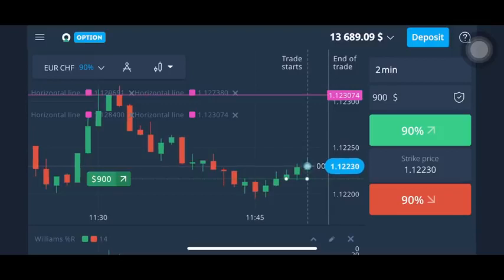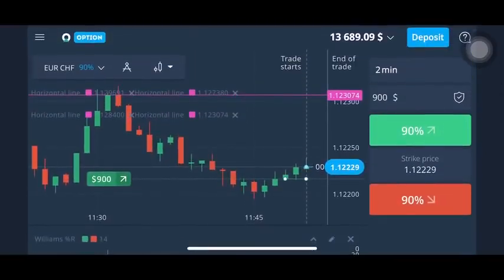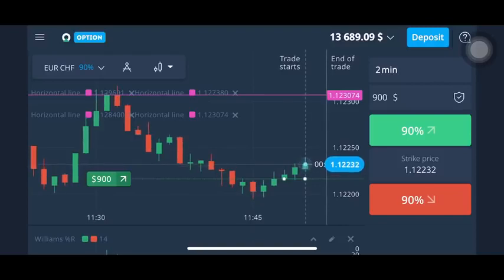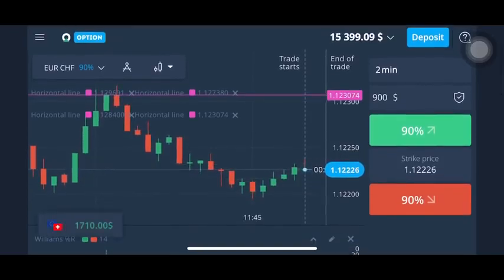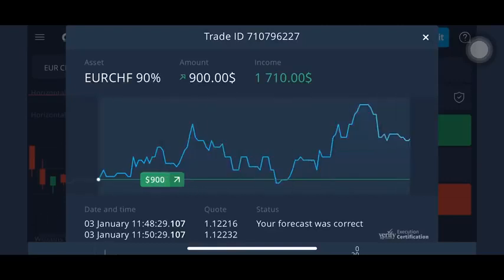Let's see. 11 seconds. We are very close to the final results, but yes, here is the final result. You guys can see $900 invested, $1,710 the total income.